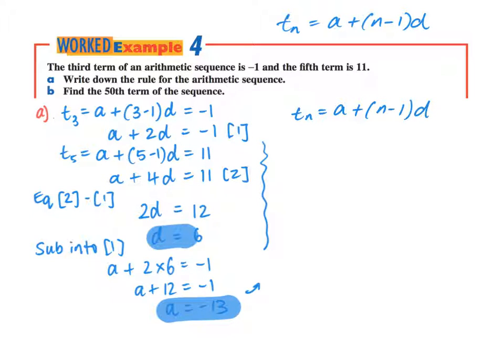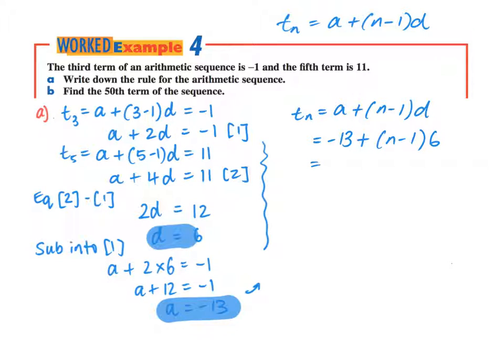So write down the rule for the arithmetic sequence. Our a value is -13, then n minus 1, and our d value here is 6.